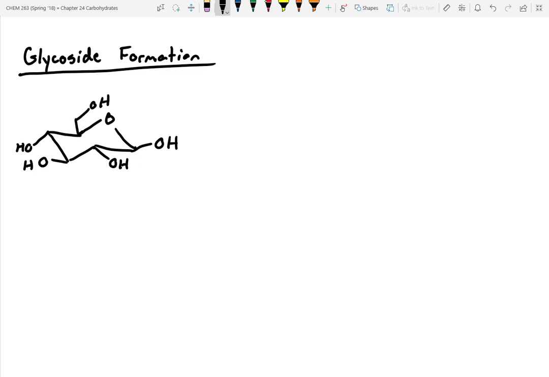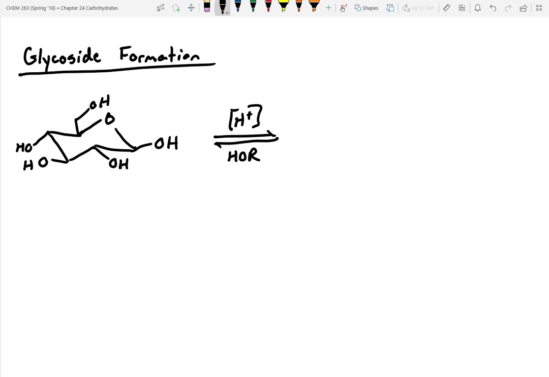Okay, so we've got D-glucose. In this reaction, we're going to treat this with catalytic acid, so I'll just show that as H+ in brackets, and then an alcohol, which is just going to be HOR. And let's try to predict the reaction mechanism.